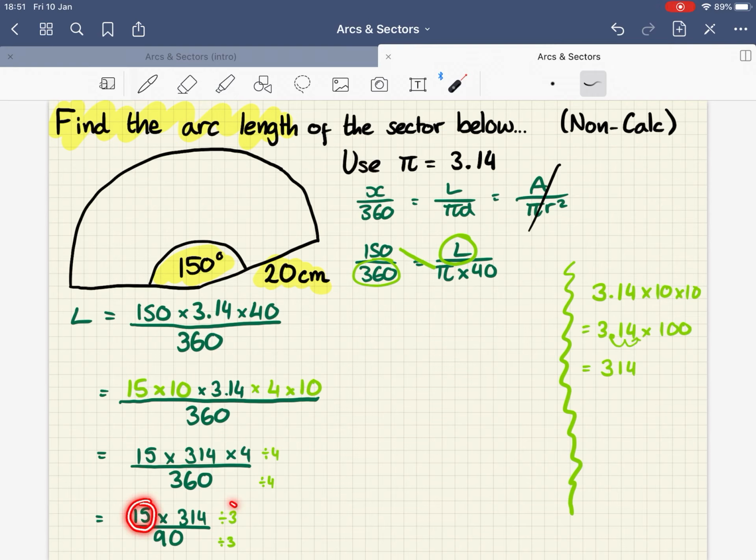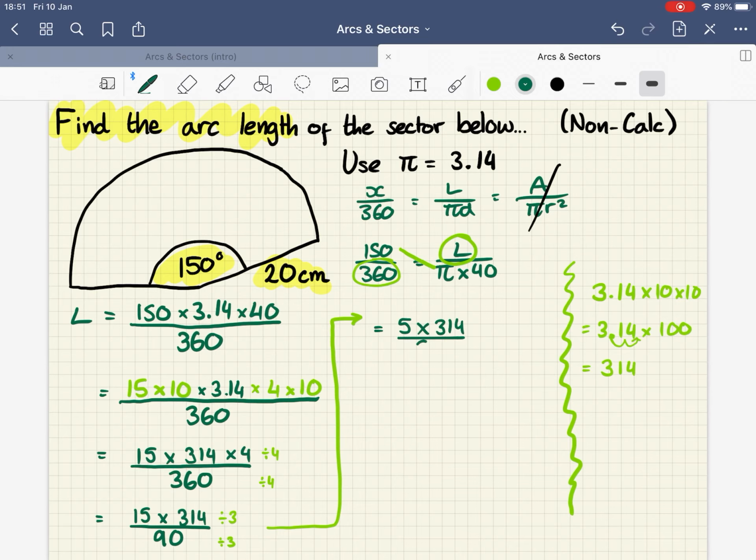So this time I'm going to be doing that 15 divided by 3. So I'm now actually going to have 5 times 314 all over 30.